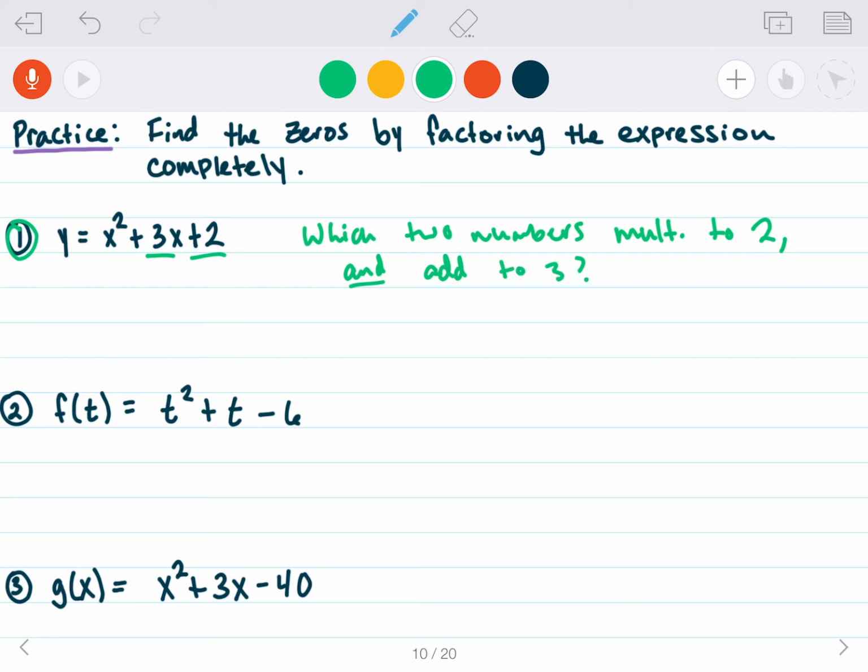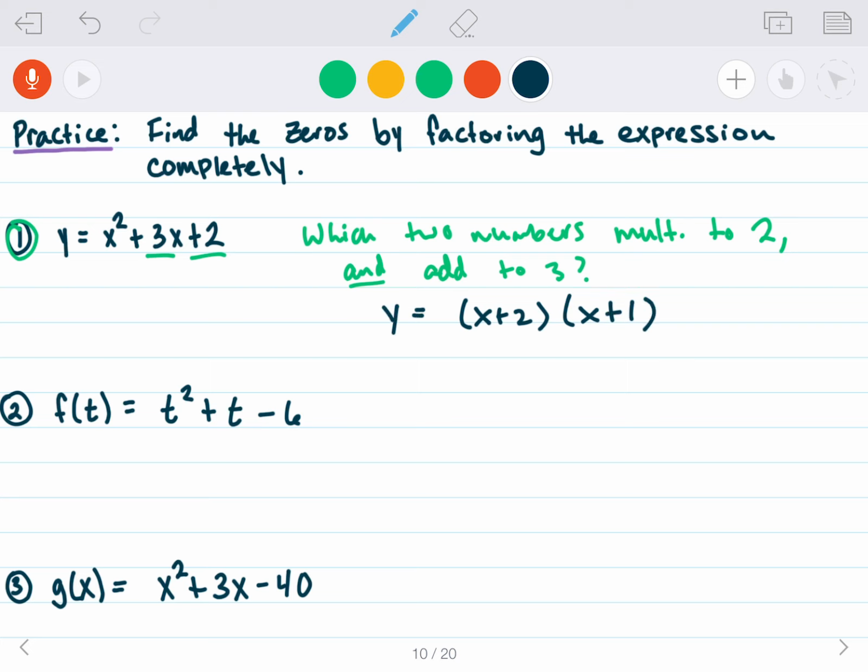All right, so think about those two numbers. Think about your factors of 2. The only factors of 2 are negative 2, negative 1, and positive 2, positive 1. So it has to be positive 2, positive 1, right? So x plus 2, x plus 1.